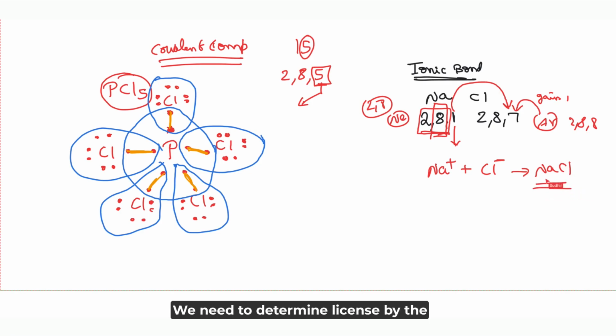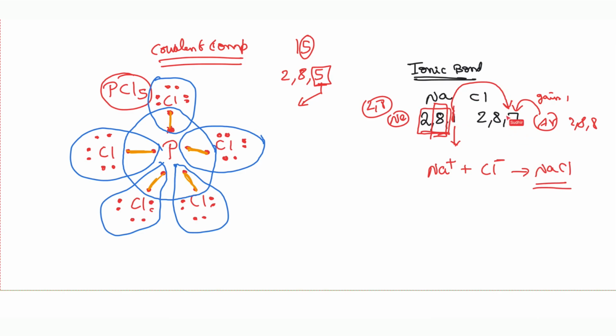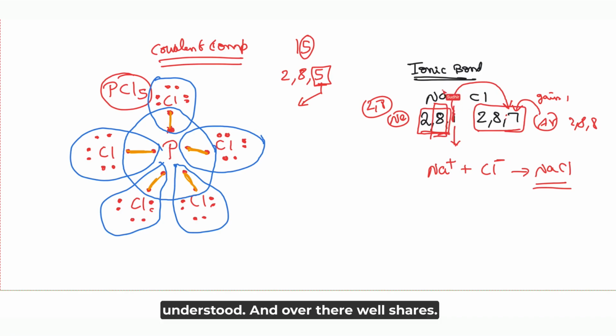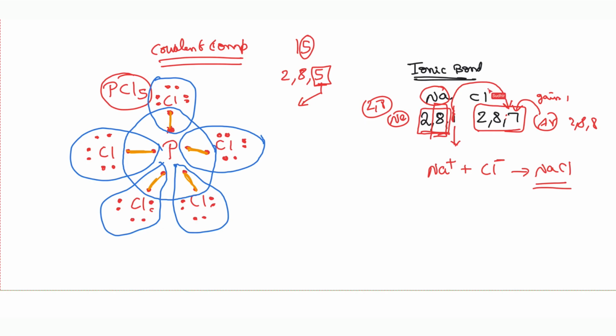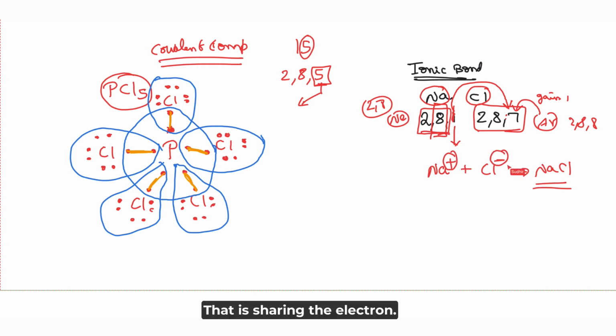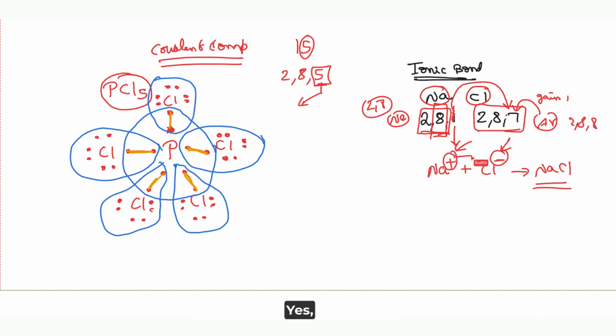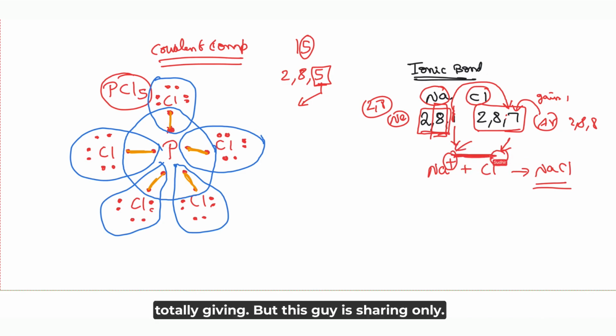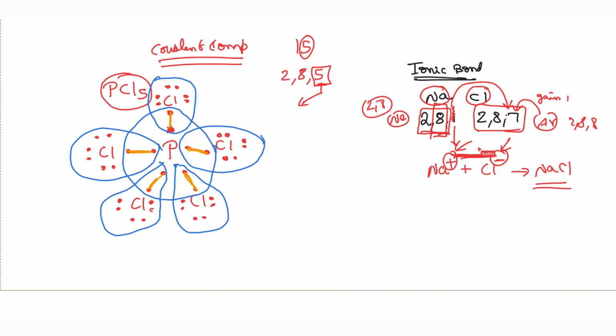We need to determine it like this: by the plus and minus, both attract. That's the difference. Over there, covalent only shares. Phosphorus is not giving, it is just sharing the electron, but here Na is totally giving away.